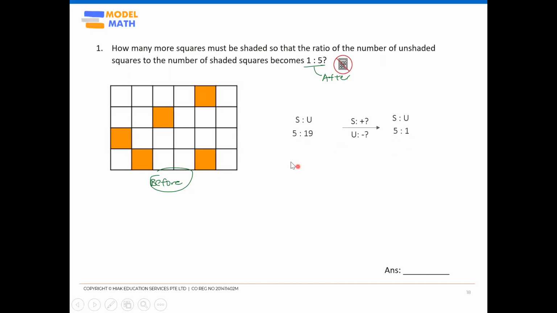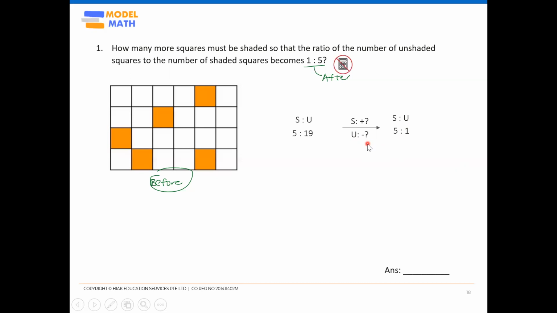Once this is done, you can go on to identify the common base because I have two ratios. My common base means what should stay the same throughout the whole thing. Will my shaded stay the same? Obviously not, I have increased the shaded. What about my unshaded? Will it stay the same? Obviously not, because my unshaded decreased.